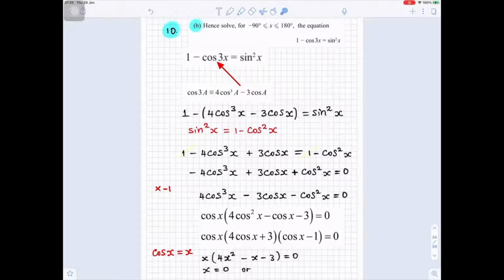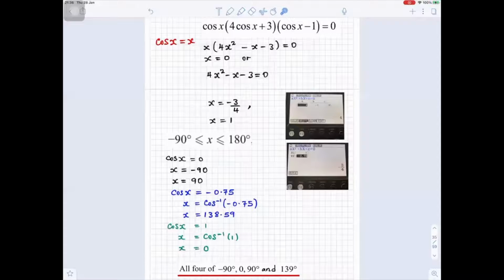So you can use your calculator to factorize that. Either x equals 0, or when you factorize that, you get x equals minus 3 over 4 and x equals 1. And that's how you put it in the calculator. 4 goes there, minus 1 goes there, minus 3 goes there. You get your two answers.